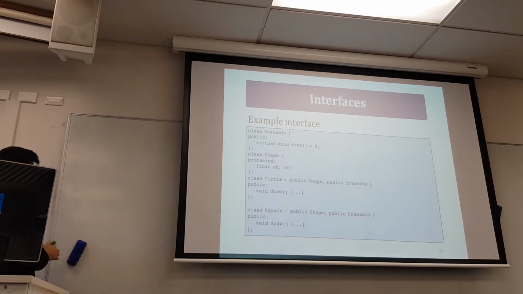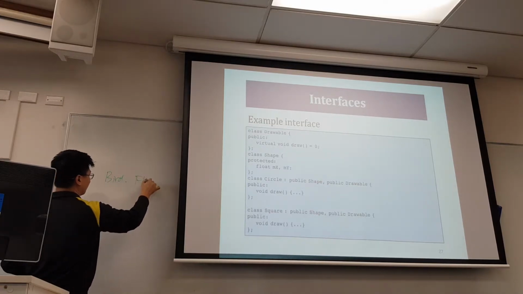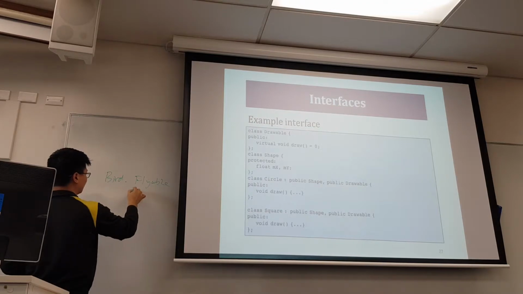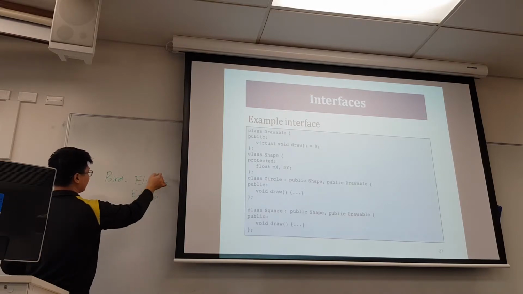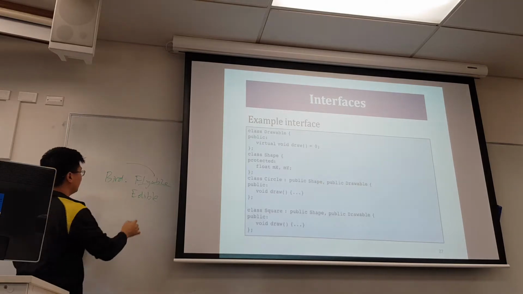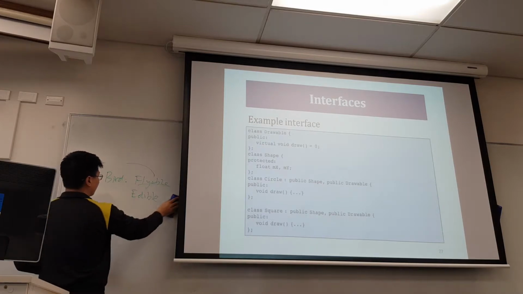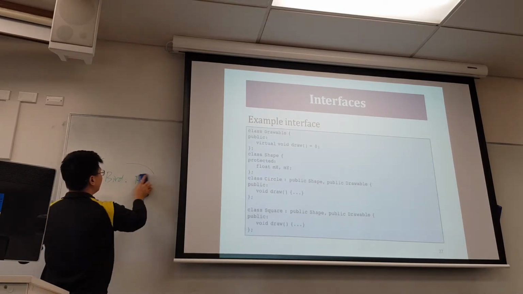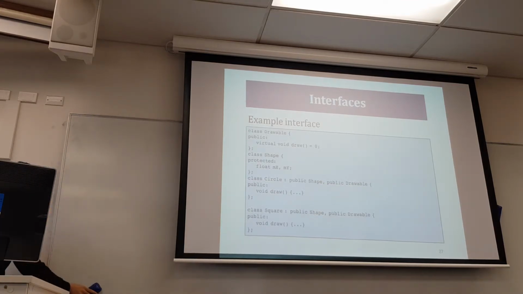Or we can implement a bird to be flyable or edible, or anything else. So this flyable interface will probably declare the fly function, edible will probably declare an eat function, and so on. But this is just convention. You don't have to make it end with "able". As long as you don't have any concrete function, or any non-final data member, then that's fine.